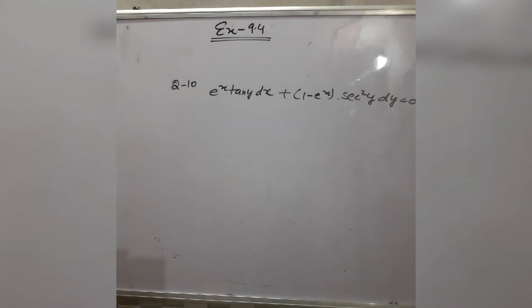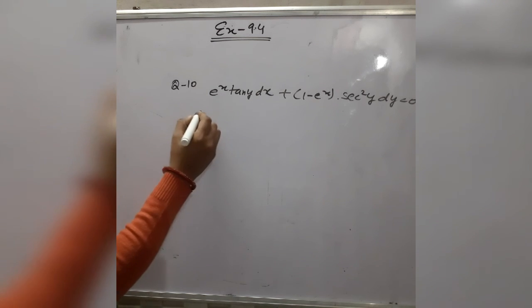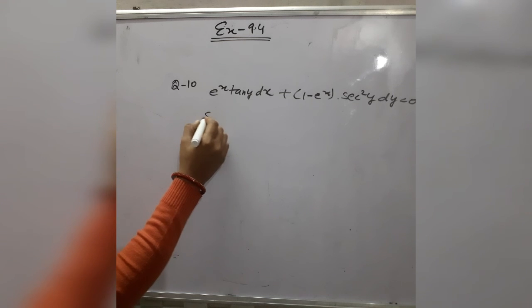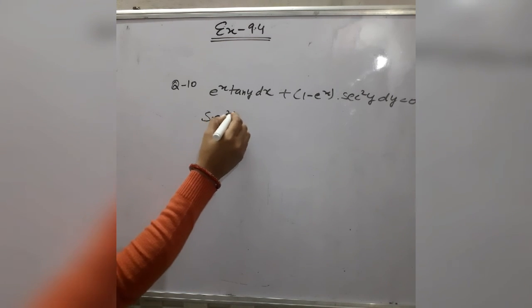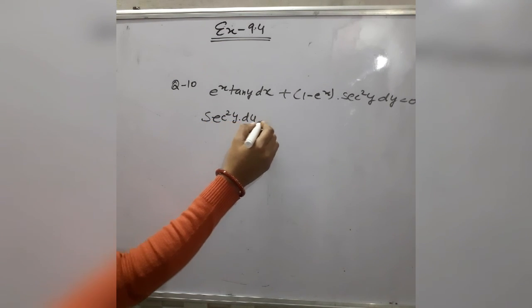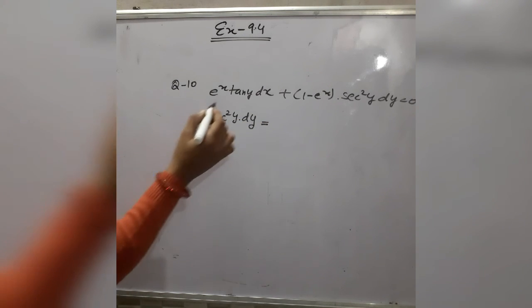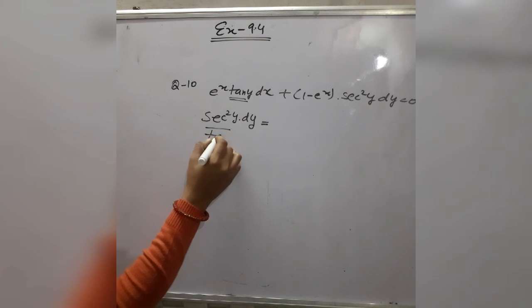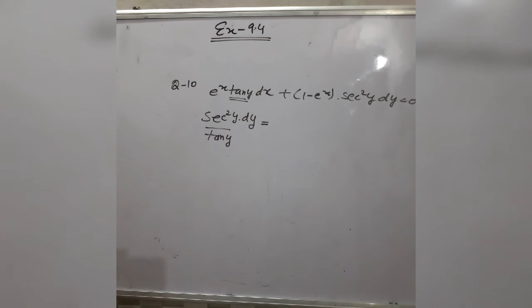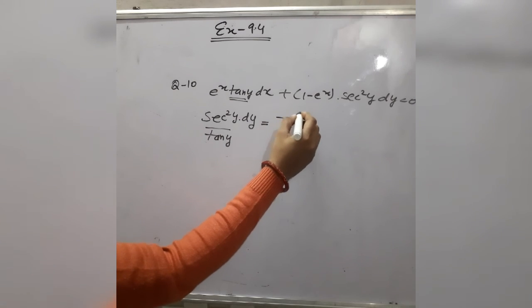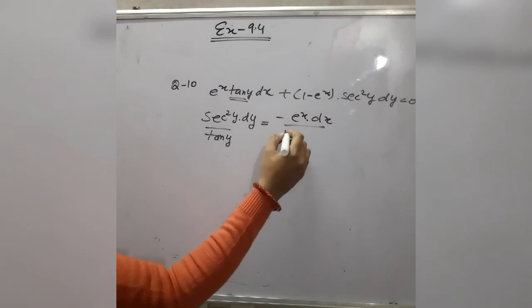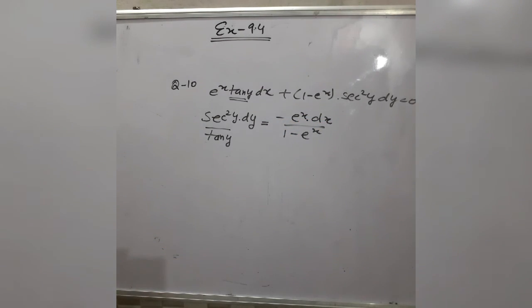So here also we will separate the variables first. Separating the variables, you will get secant square y into dy, take this tangent y also on this side because this contains the y variable, secant square y by tangent y into dy, this equals minus e raised to power x into dx divided by 1 minus e raised to power x.